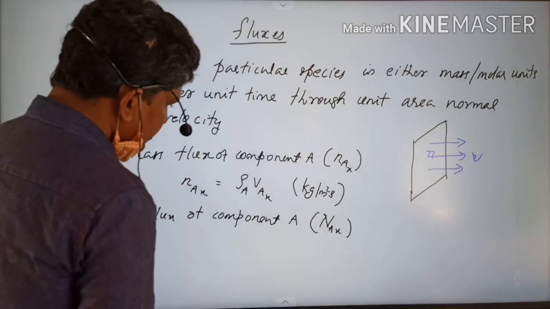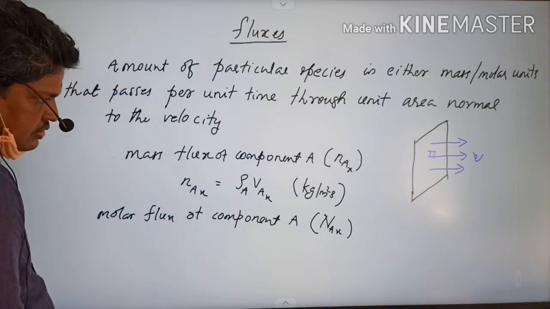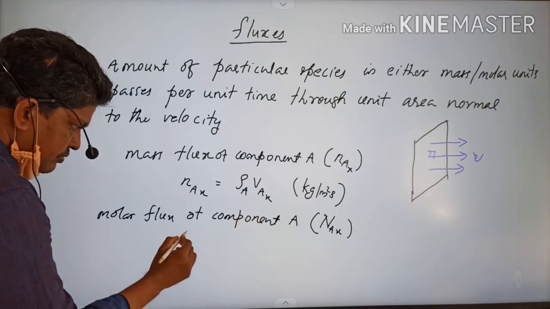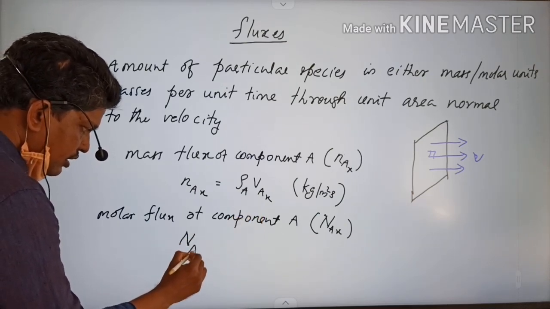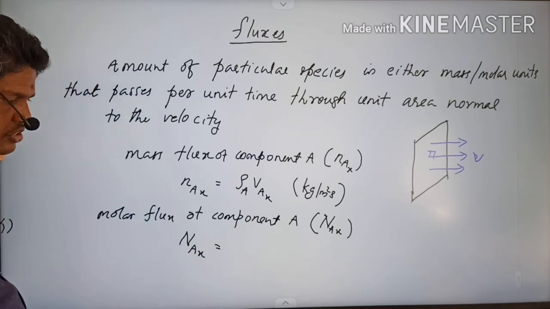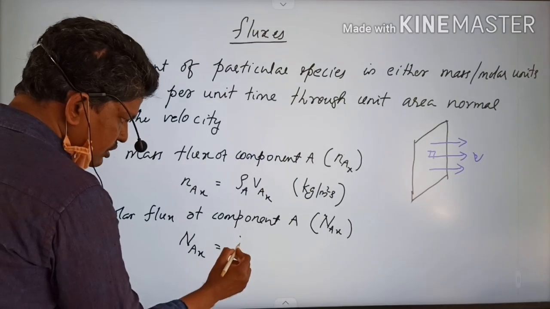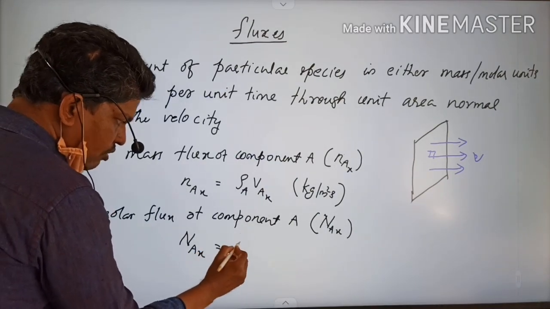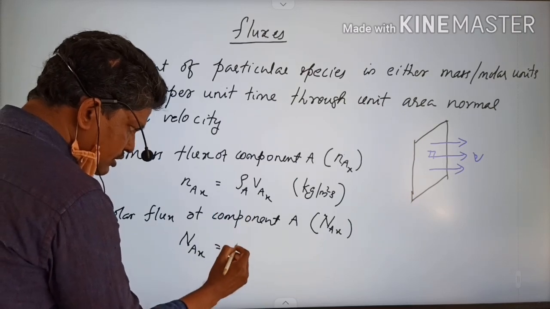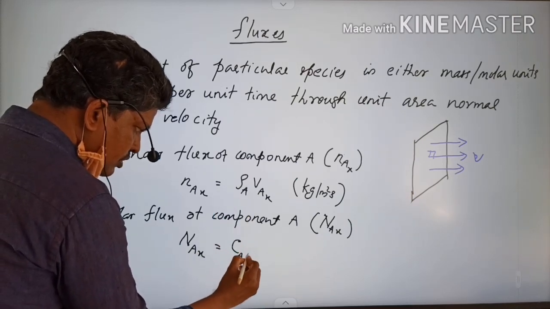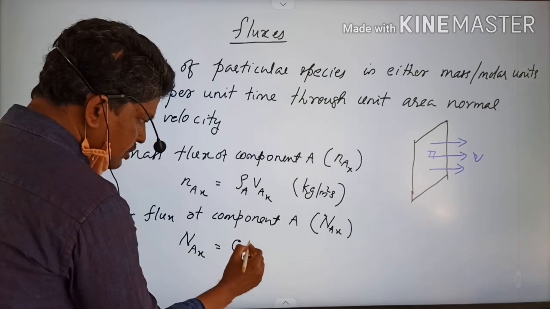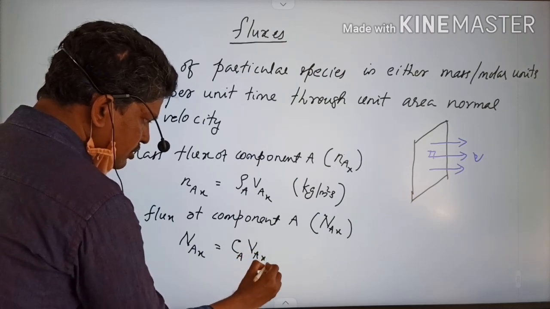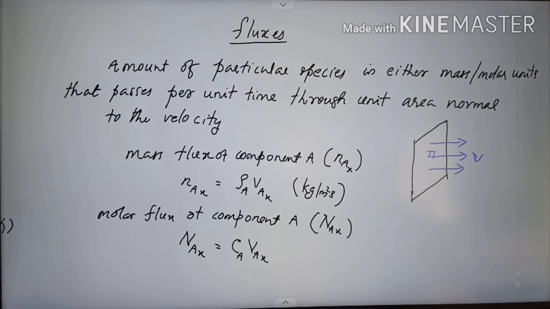So here, the molar flux of A in the x direction NAx is equal to the concentration CA into VAx. This is the flux based on mass and molar.